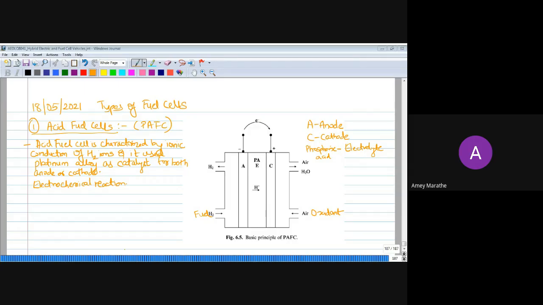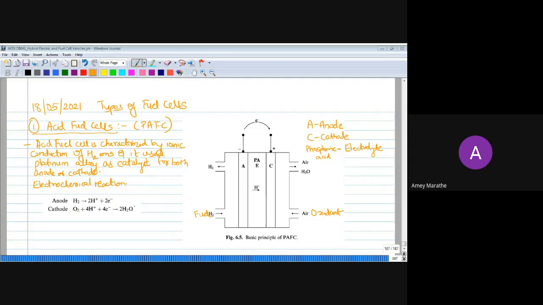The electrochemical reaction is given in this particular way. At the anode, we are supplying H2 as a fuel, which is getting converted into H+ ions, giving up two electrons which flow through the outer circuit.